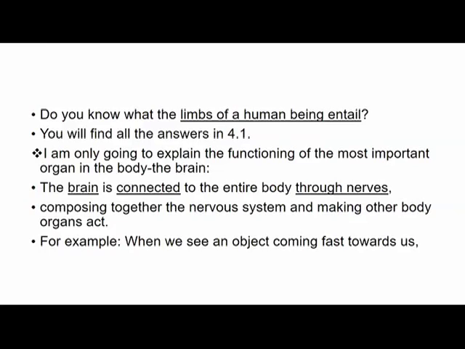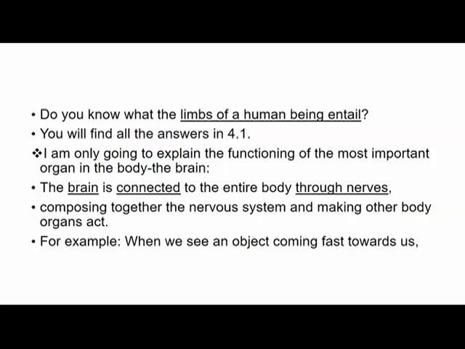I'm only going to explain the functioning of the most important organ in the body, namely the brain. The brain is connected to the entire body through nerves, composing together the nervous system and making other body parts, organs, act.